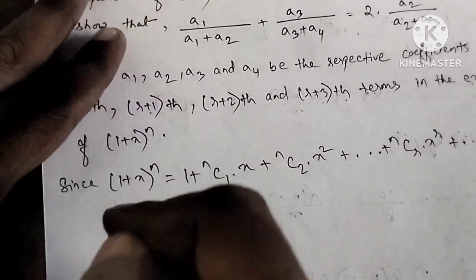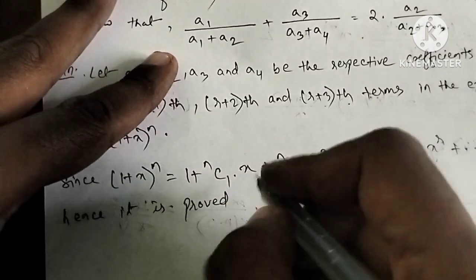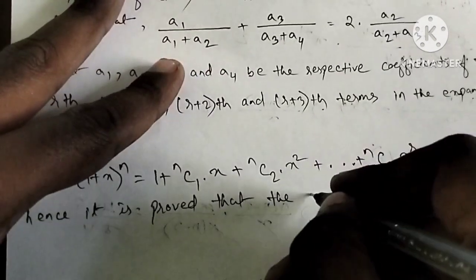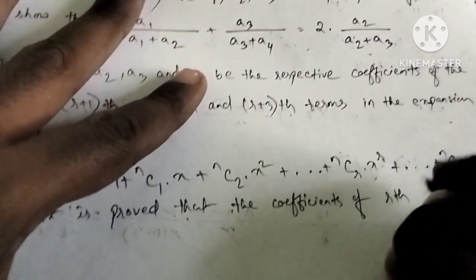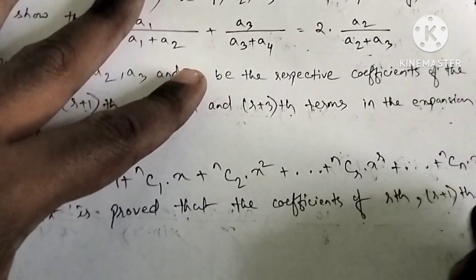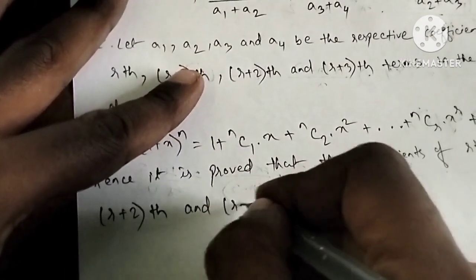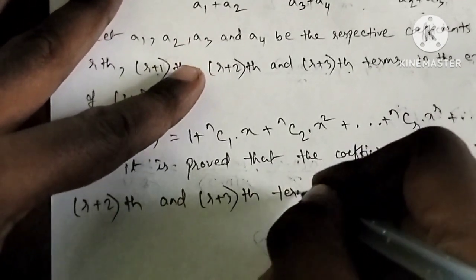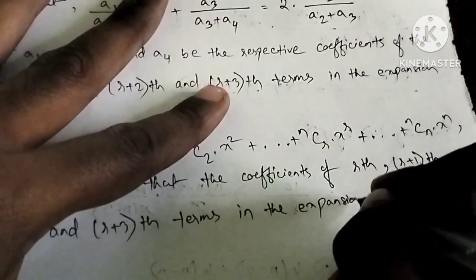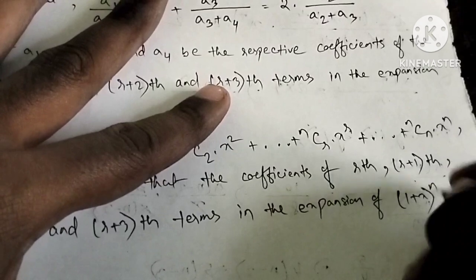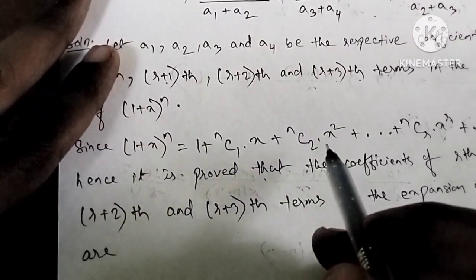So hence it is proved that the coefficients of the rth, (r+1)th, (r+2)th and (r+3)th terms in the expansion of (1 + x)^n are as follows. The second term is nC1, the third term is nC2.